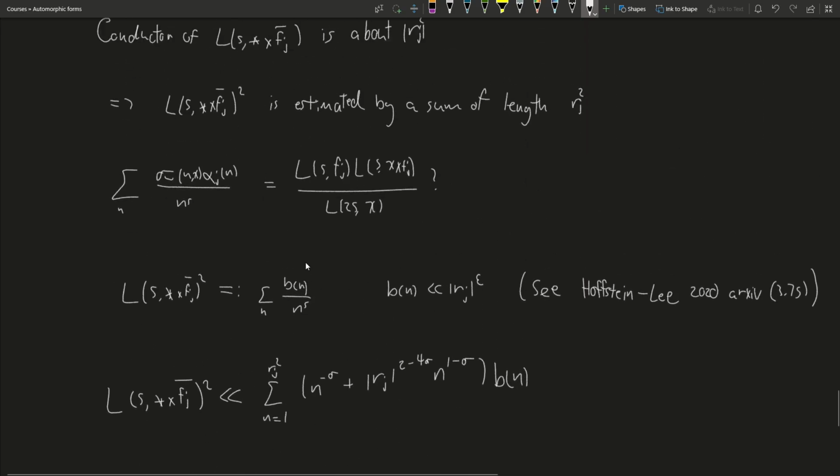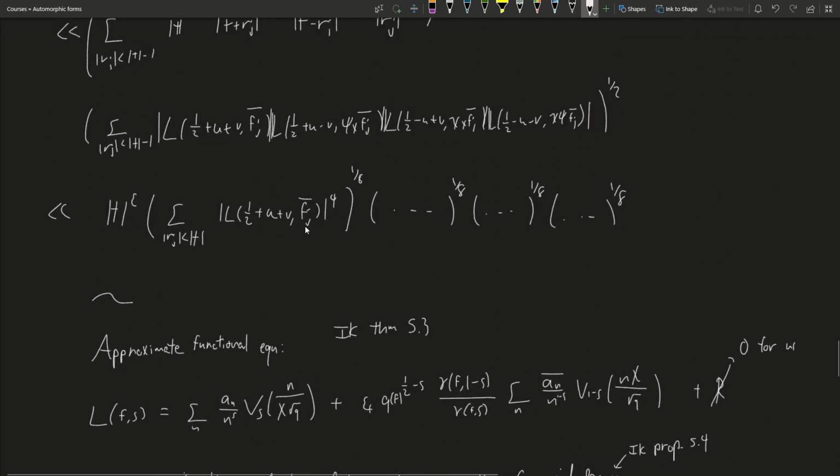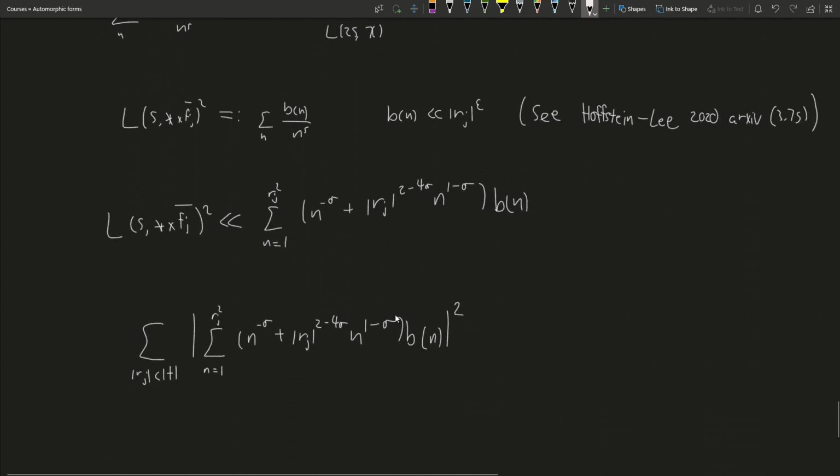This is what we're looking to approximate here, the absolute value squared, because this is the fourth power. That's the absolute value squared of the square.